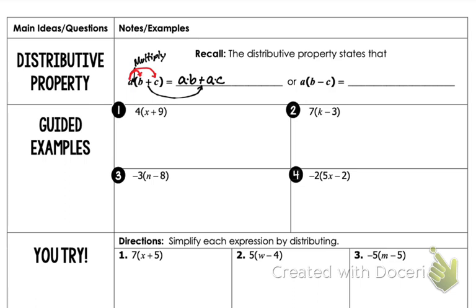We're not going to talk about it today, but there are times where there's 3 or 4 things in that parentheses that A has to be distributed to. To distribute it, we use the multiplication that's here, and that middle sign will tell you whether you're going to add it or subtract it.